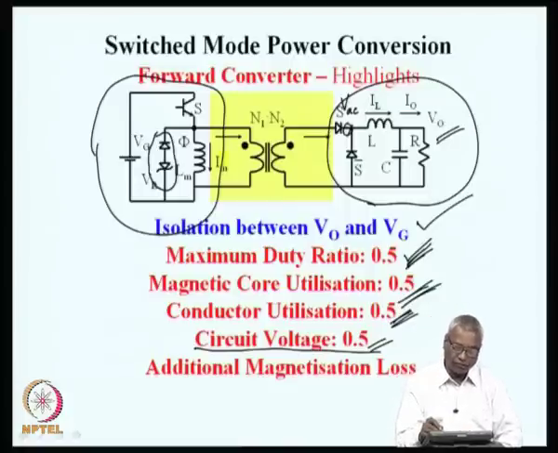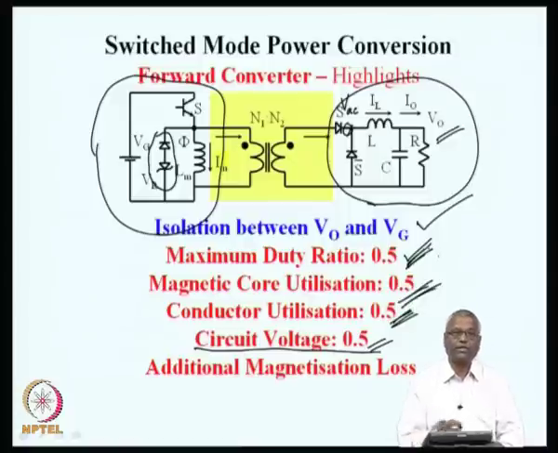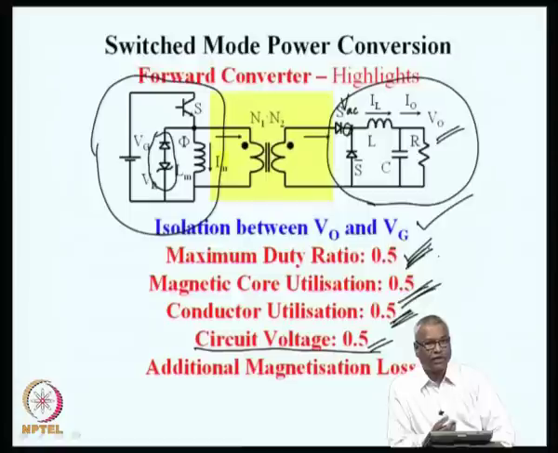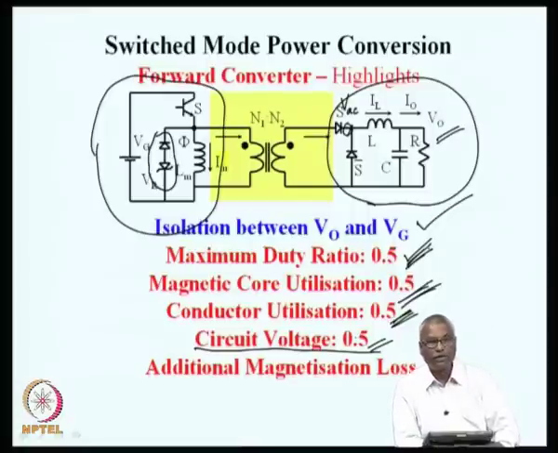So, on account of all these terms, we find that this forward converter, even though it achieves isolation, it loses capacity, or for the same power conversion we have to use a lot more material. Iron is more because the magnet is underutilized, copper is more because copper is underutilized. The switches have to be rated for more VA rating because the circuit voltage is only one half, and further there is also an additional magnetization loss.